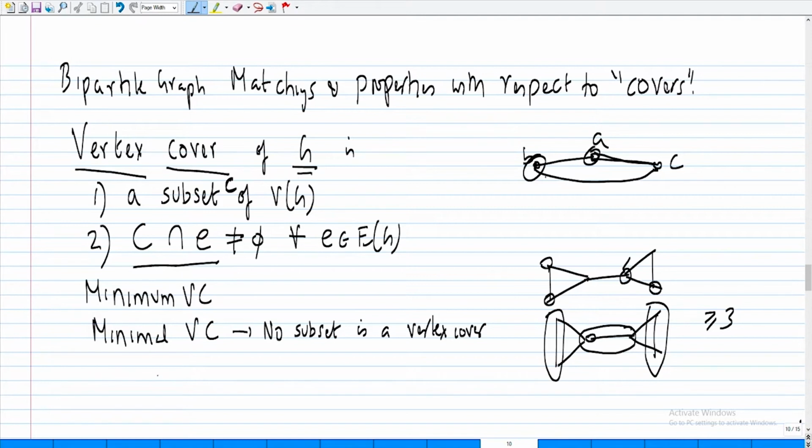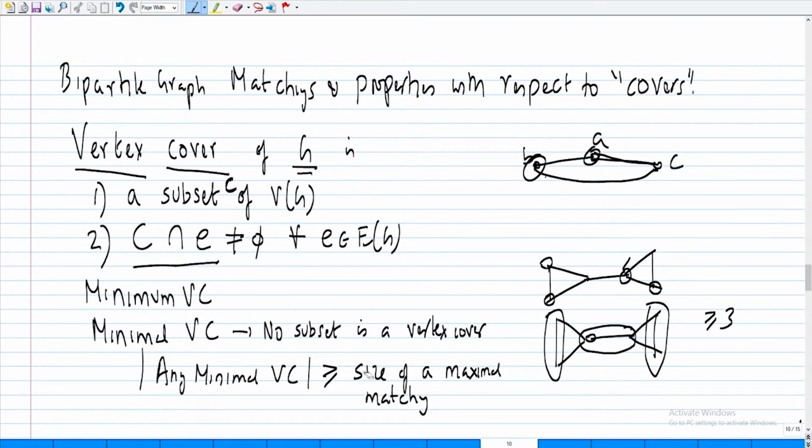Therefore, the cardinality of any vertex cover is at least the size of a matching.